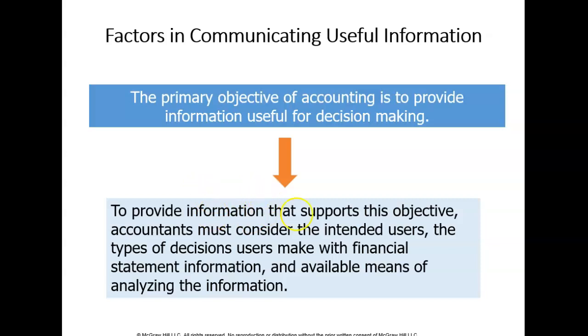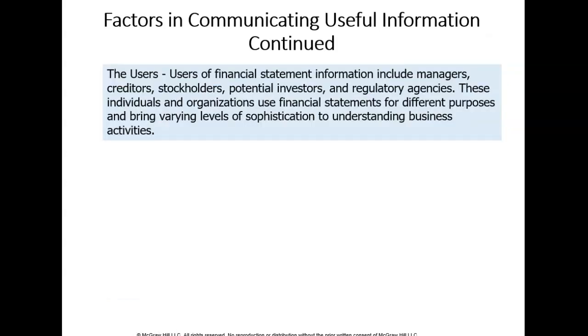So what accounting does, it provides information to help the intended users make some type of financial decision. The main source of data will come from the financial statements. So now we're going to analyze the information shown on the different types of financial statements.